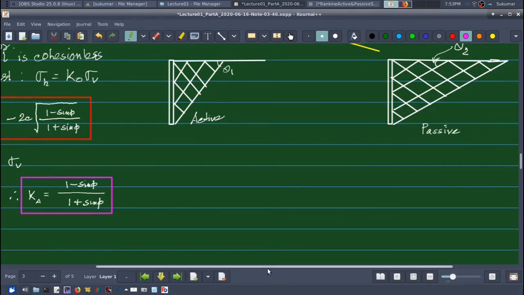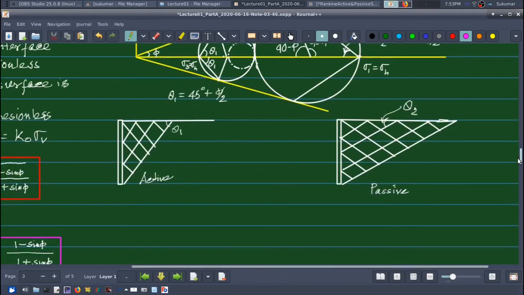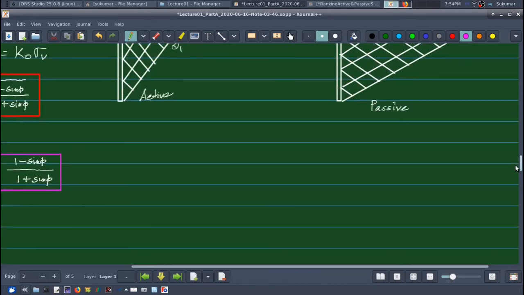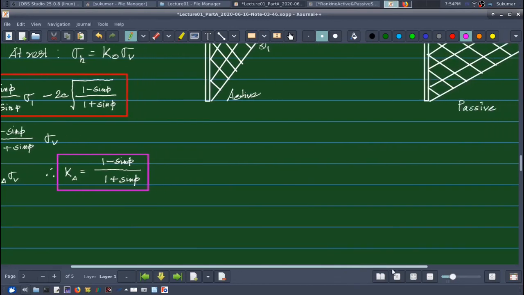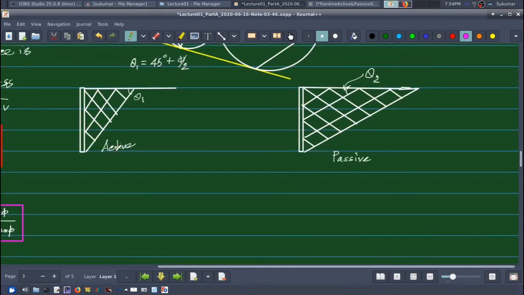Now in the passive case, my sigma 1 I need to express in terms of sigma 3 from the geometry of the Mohr circle, and this also we have already seen. In fact, the same equation I can use, I can just solve it for sigma 1 in terms of sigma 3. This also we had studied in our Geotech 1.